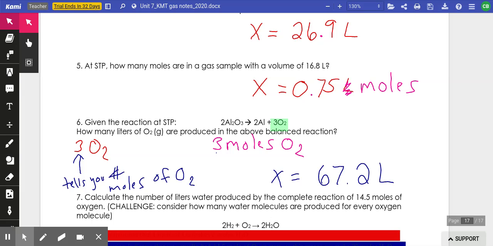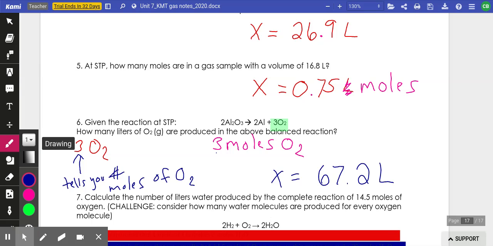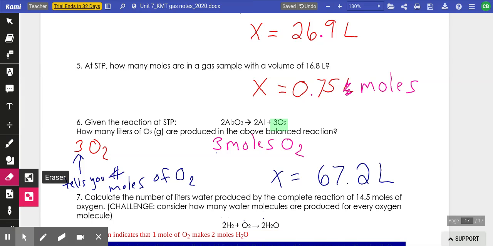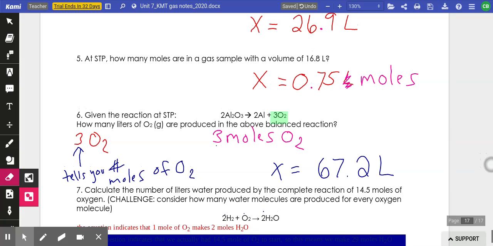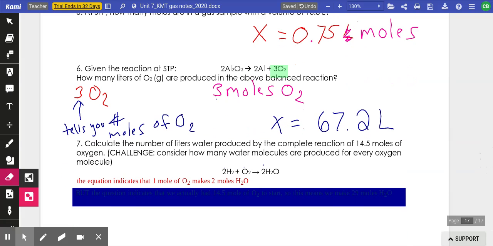Okay, so if you take a look at this problem, in this formula you would notice that it takes 2 H2, 1 O2 to make 2 H2O. So you should understand how to read that statement, that it takes 1 mole of O2 to make 2 moles of H2O, based on looking at that chemical equation.